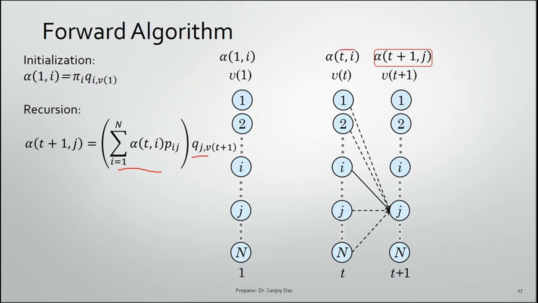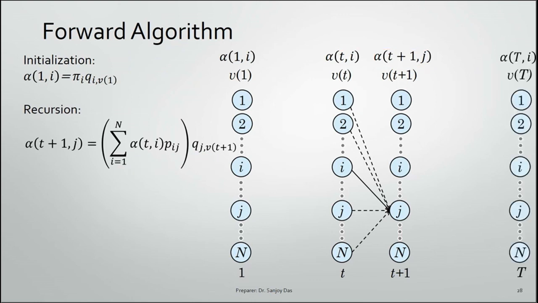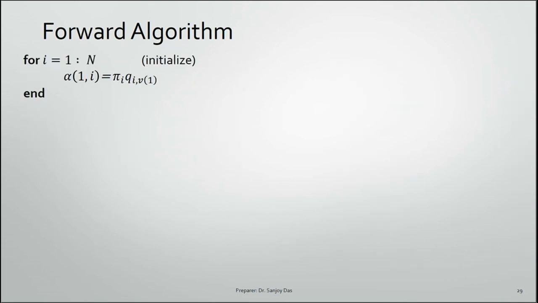For each i, we compute alpha ti times transitioning from state i to j, which is pij, and then we multiply that with the output probability qj vt plus 1. And we proceed until the last time step t. So this is the forward algorithm.